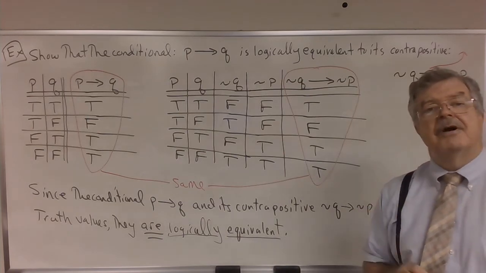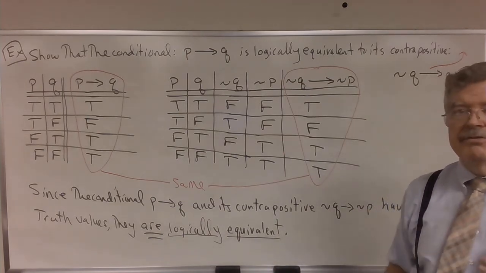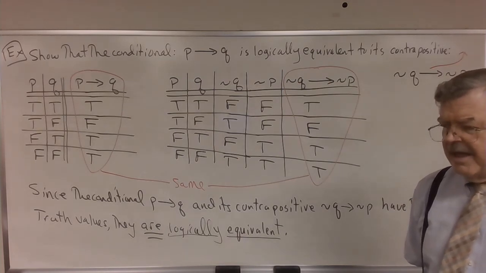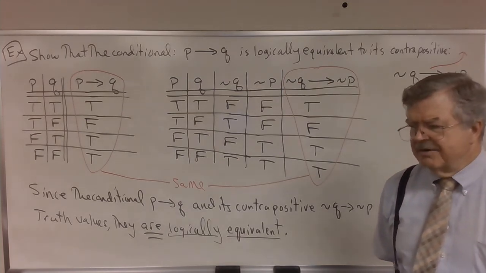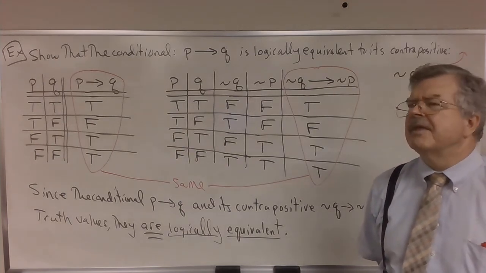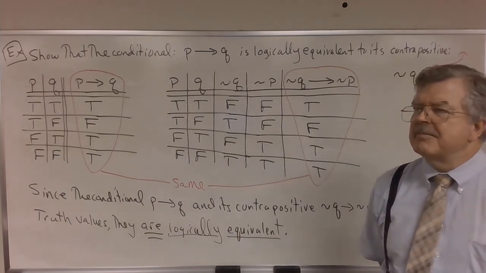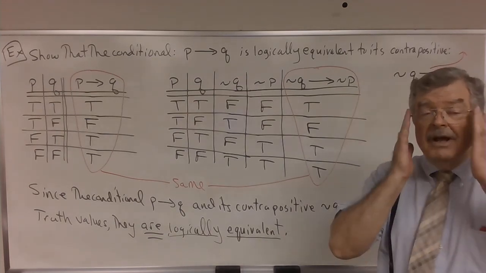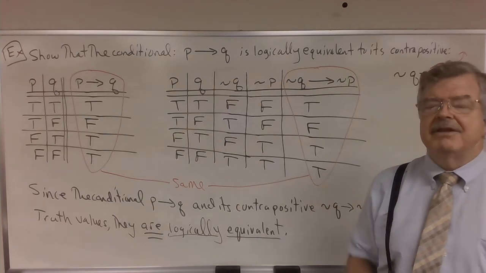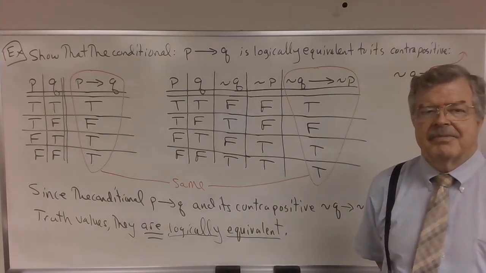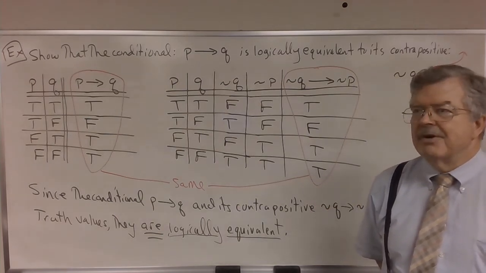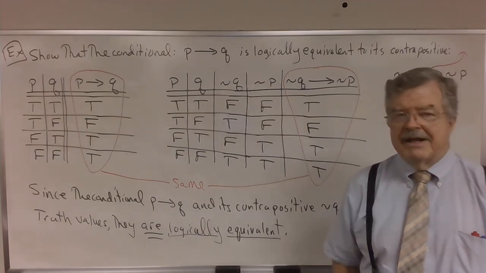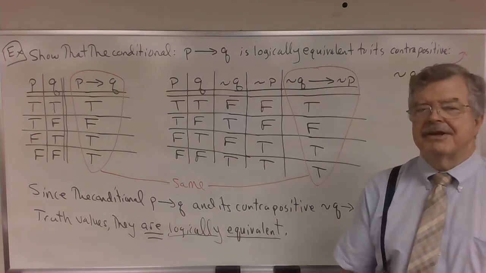Now, this is something well worth knowing. Very important. And the reason that it's important is sometimes a conditional statement may be difficult to work with, and its contrapositive may be a lot easier to work with. And so if we can show that something is true for the contrapositive, that something will also be true for the conditional statement.